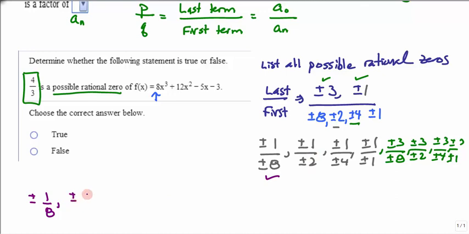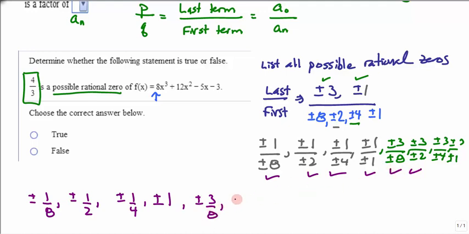This would be plus or minus 1/2, plus or minus 1/4, plus or minus 1, because 1 divided by 1 is 1, plus or minus 3/8, plus or minus 3/2, plus or minus 3/4. And then our last one, 3 divided by 1 is 3, so it's just plus or minus 3. So these are all the potential or possible roots where it would cross the x-axis.